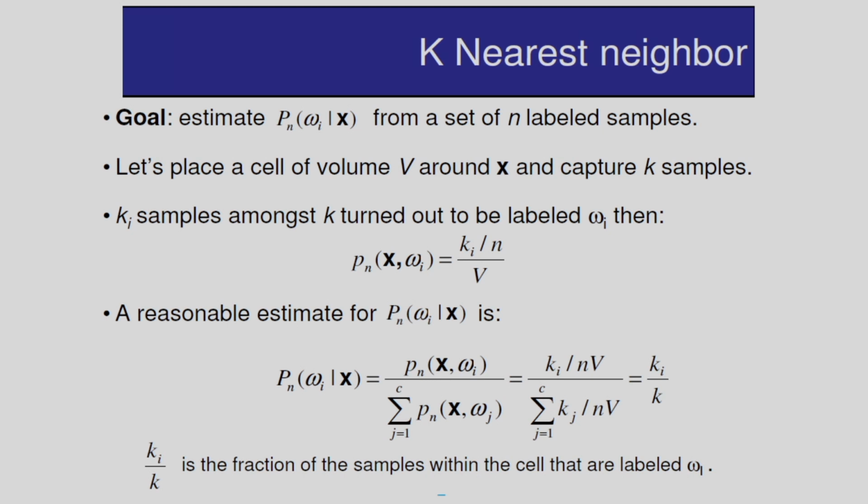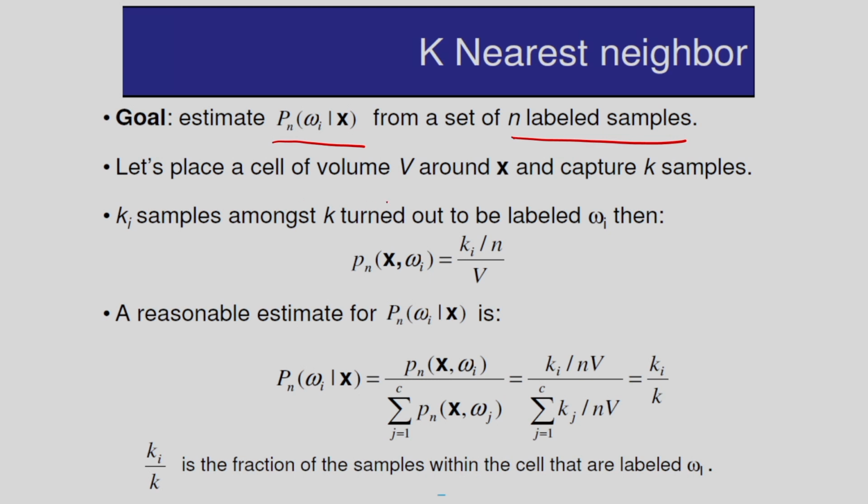Mathematically, we can directly estimate the posterior probability Pn(wi given x) from the n labeled samples. So, we have n samples available, and these are labeled samples, that means I am considering supervised training.